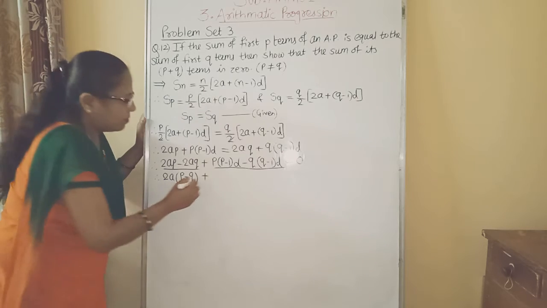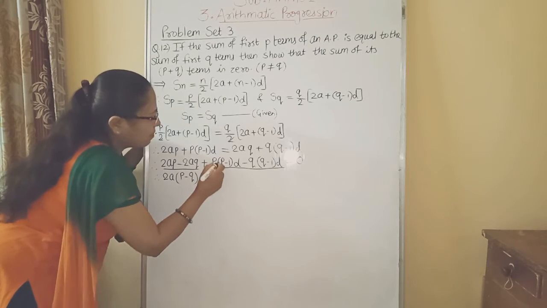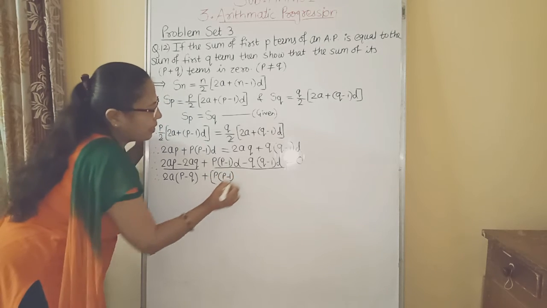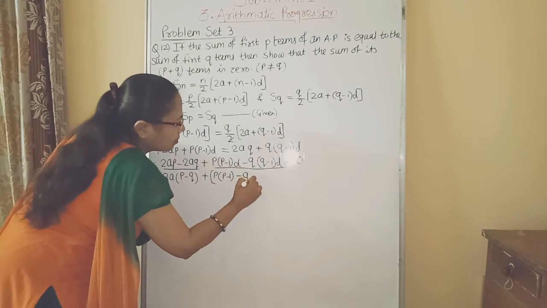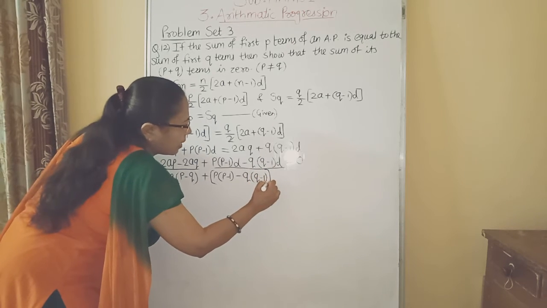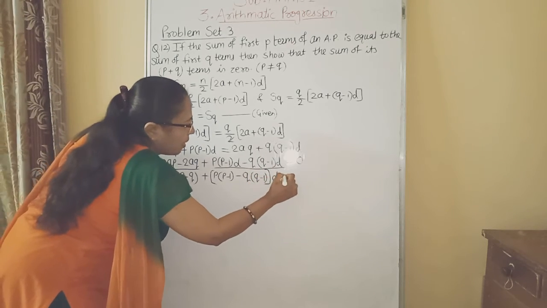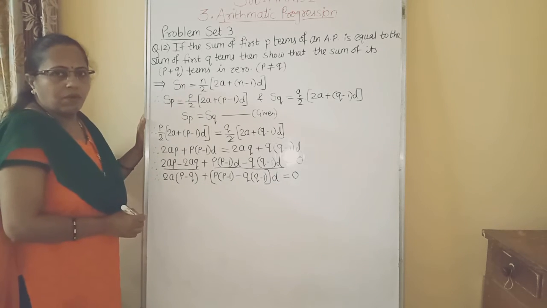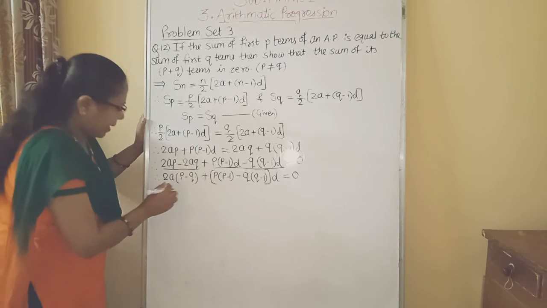D gets common. So here we will get p into bracket p minus 1 minus q into bracket q minus 1, bracket close, and the common factor is d. Followed? This will remain as it is.